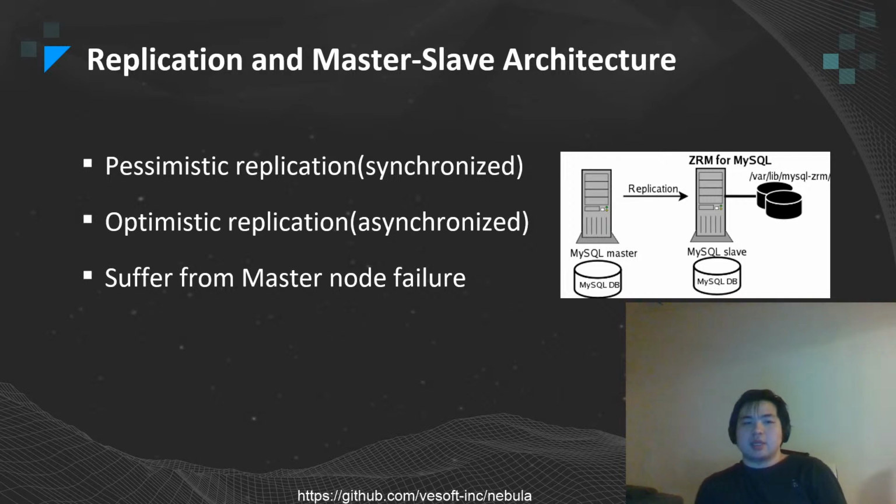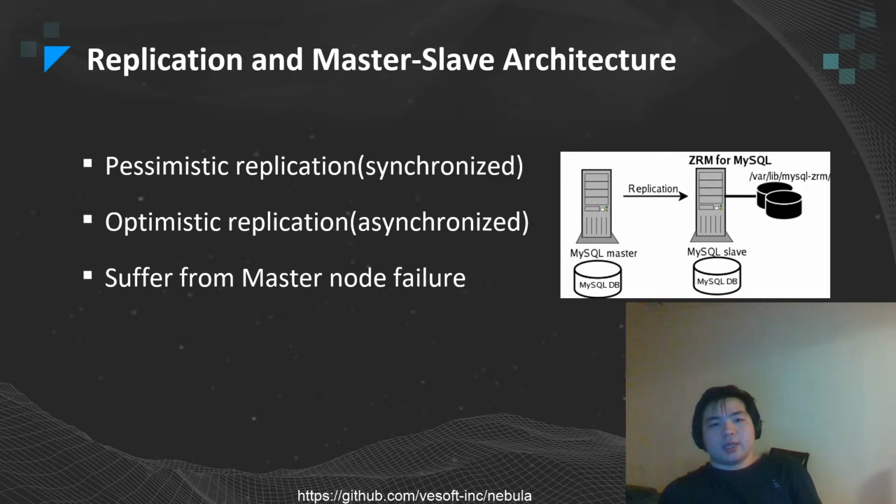So there arises another kind of replication, that is optimistic replication, which communicates between different nodes in an asynchronous way. Once the master sends a replication command to different followers, it does not care whether the followers have committed their writes.